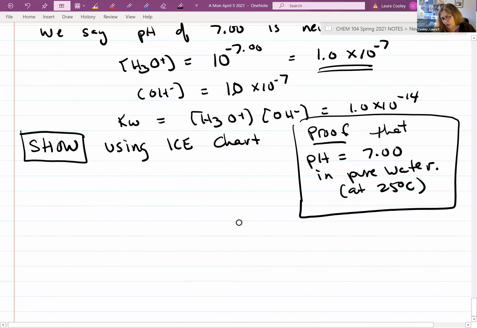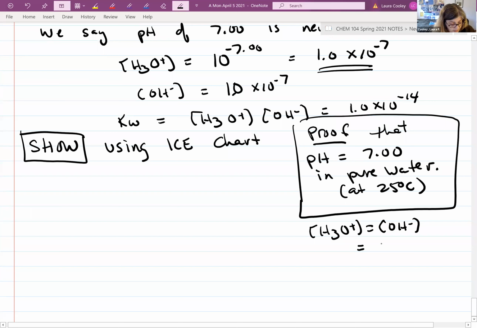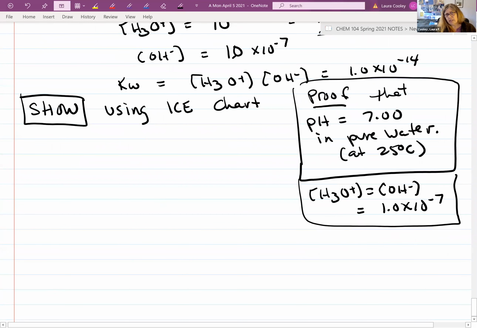And in doing this, I'm also proving that the concentrations of these things are equal to each other and equal to 1 times 10 to the negative 7th. So this is all part of it. What it starts with is the autoionization of water.